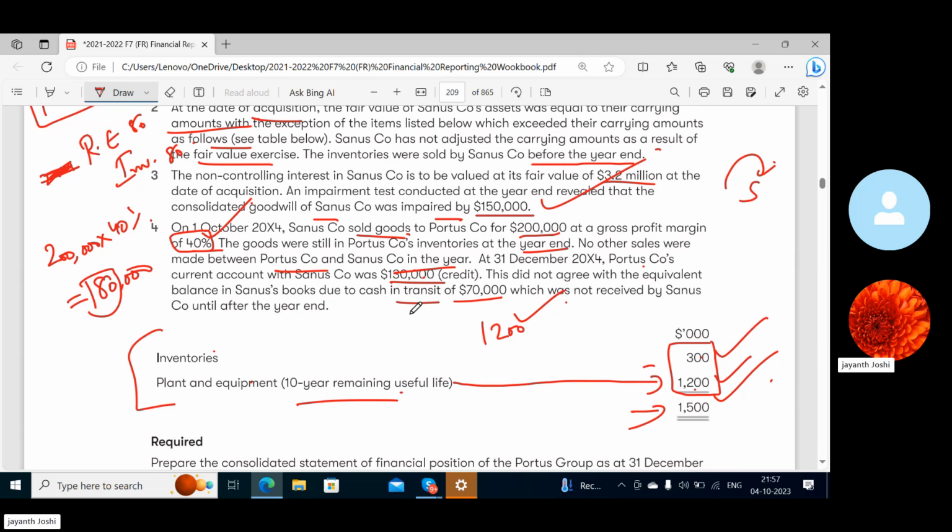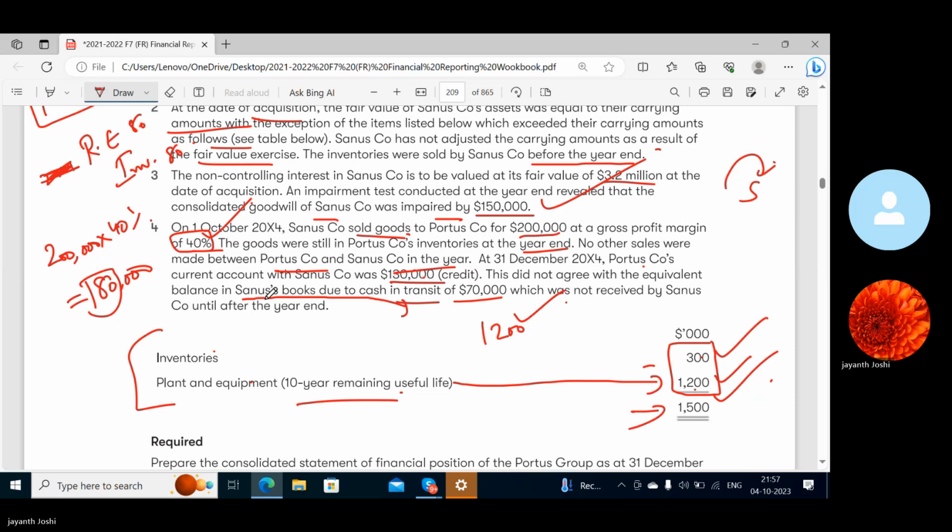Cash in transit means the parent... here you can see this did not agree with the equivalent balance in Sanos books due to cash in transit of 70. That means Sanos has to get the money of 70,000, and they did not receive this money until the year end. From whom?